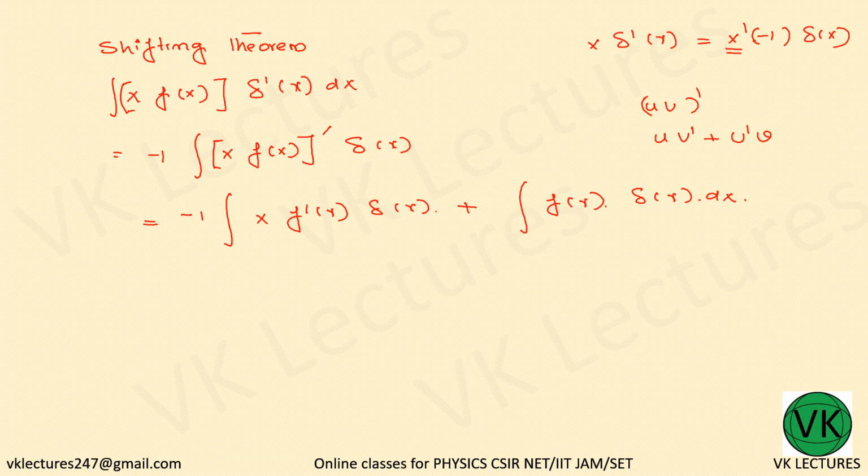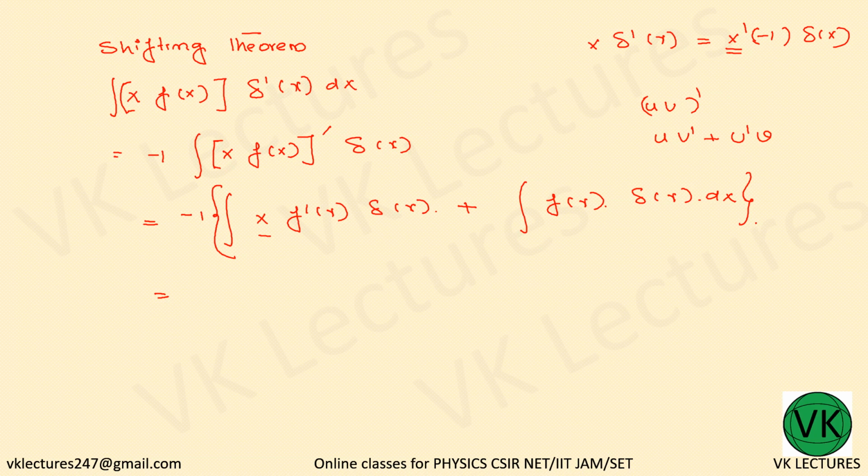So this minus will be common for both. Fine. Now this x into f dash of x into delta of x.